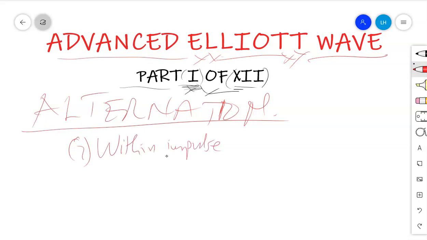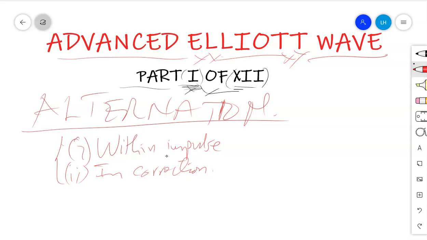This is the first part that we are going to cover. And alternation is also seen within correction. We have alternation in correction, or within correction. These are the major areas where we can discuss alternation.